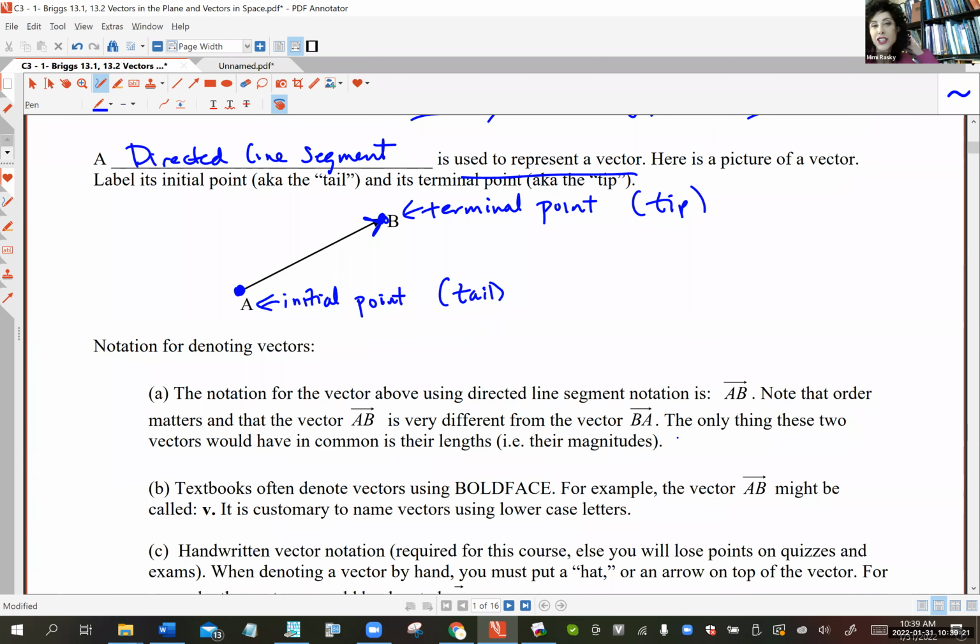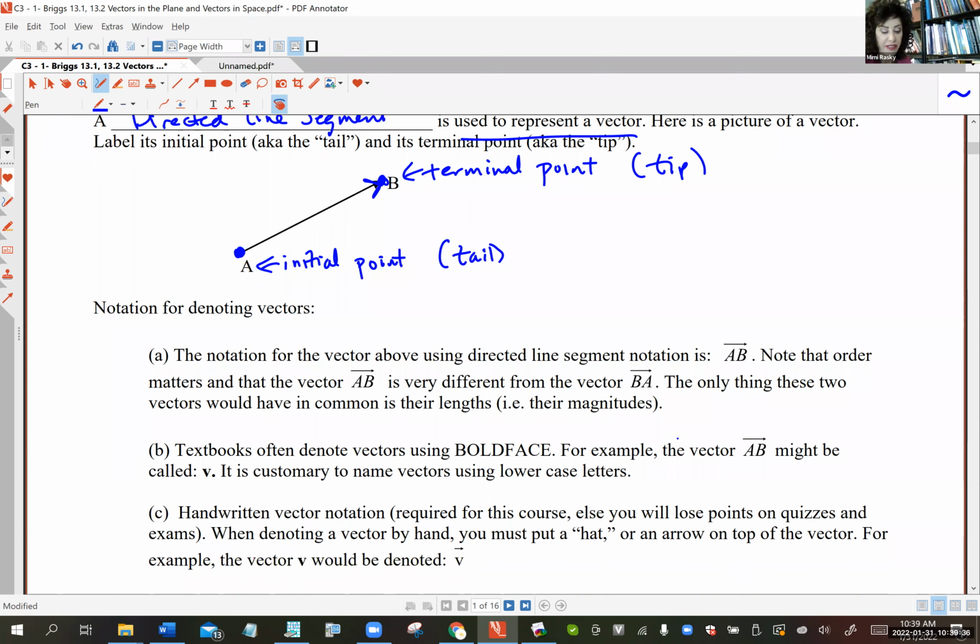Let's talk about notation, because on your handwritten work, you need to follow all of the rules and regulations for the symbolism of math. Notation is important, and I'll take points off unless you follow it. So what about denoting a vector? This vector that I have here with A as initial point and B as terminal point, in that order, is just AB with an arrow over the top, like a hat.